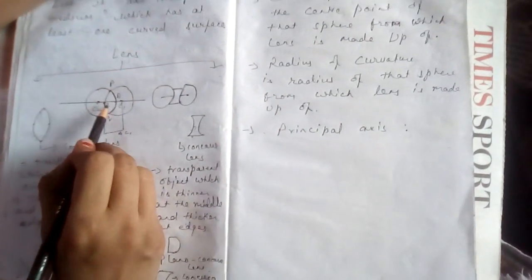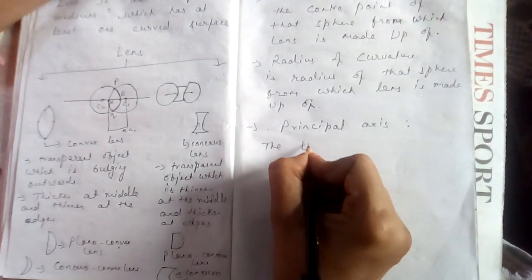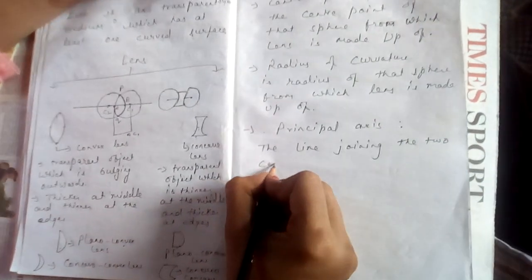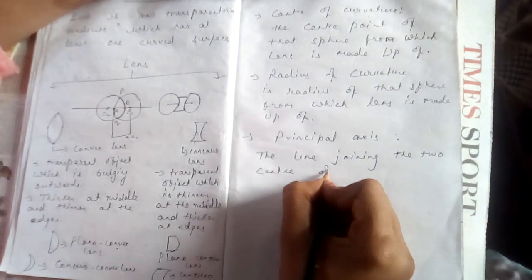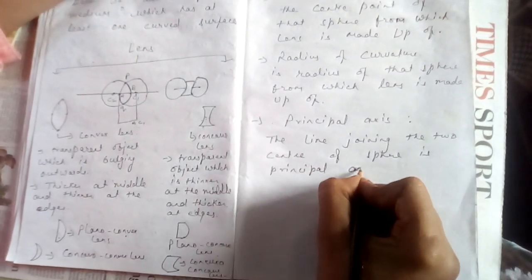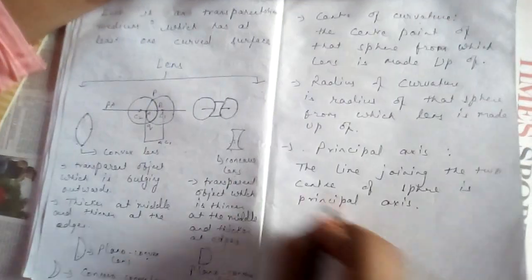The line joining the two centers of curvature, the two centers of the spheres, is known as the principal axis. See this one, principal axis.